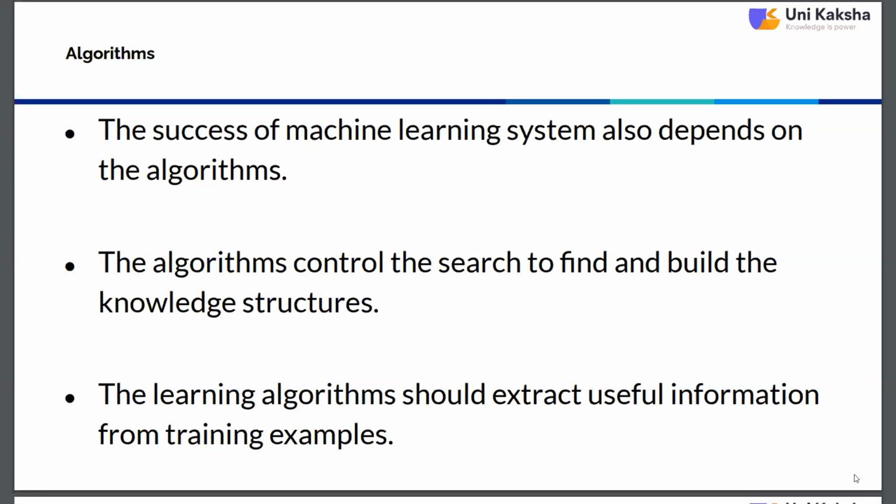As per the problem and the requirement, we can apply these to different problems. So the algorithm and its success depend upon these things. The algorithm controls the search to build the knowledge structures. The learning algorithm should extract useful information from training examples.